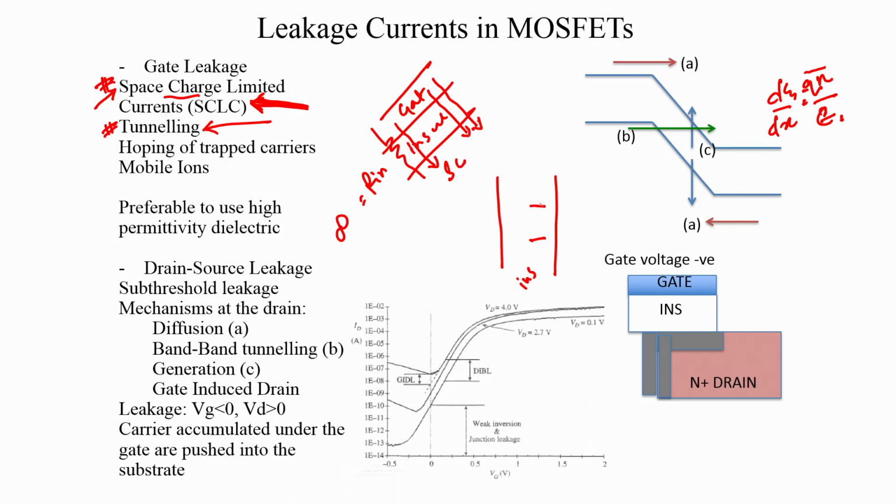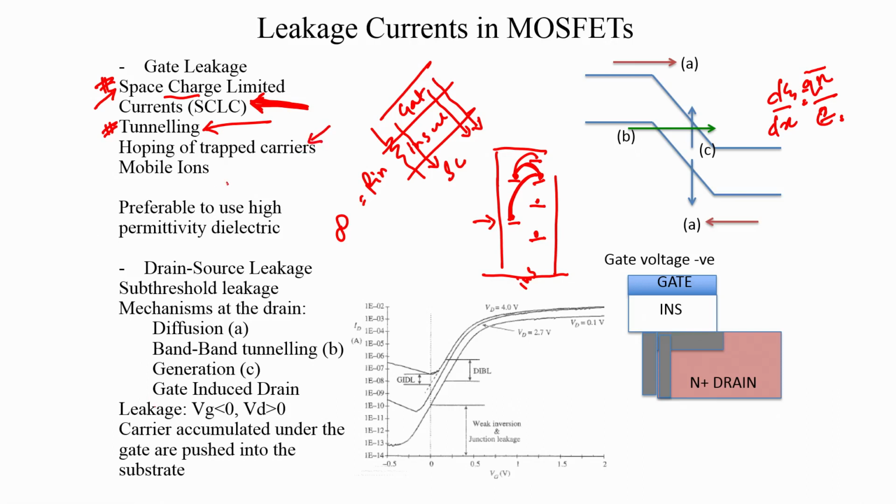So, you actually have energy states inside the band gap of the insulator, and these energy states can act as little homes for electrons or for any carriers, and the carriers can hop between these energy states, and this hopping can be encouraged by the field, and it is determined by the energy level differences between these states as well as the spatial distances between these states. So, there are many mechanisms that determine hopping. That is another mechanism of charge transport through the insulator.